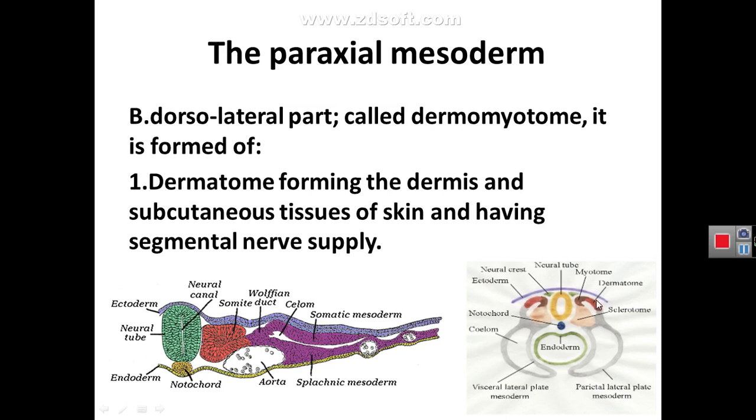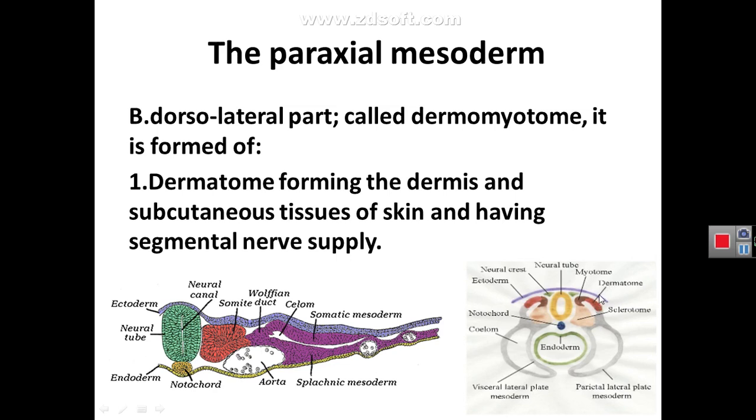The dermatome part will form the dermis of the skin, and it has a nerve supply from the adjacent segment of the neural tube forming the spinal cord. If you remember in the introduction of anatomy, the term dermatome refers to a region of the skin supplied by a single spinal nerve. So that is the embryological fact behind the terminology of the dermatome.